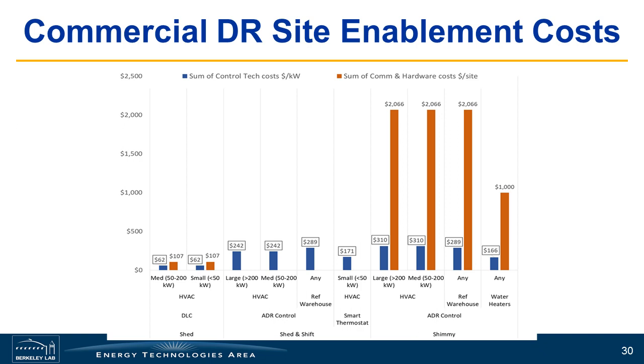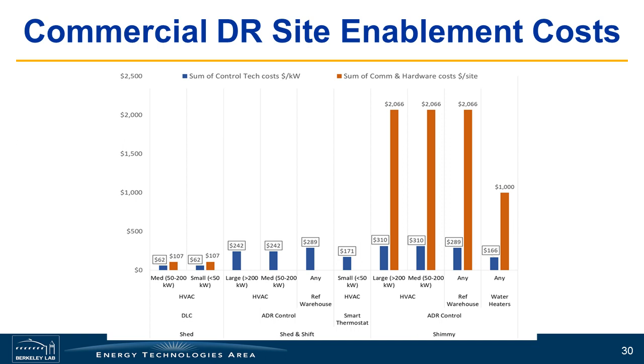So, the commercial DR site enablement. Once again, going to call out the obvious. We have this orange bar here that is pretty consistent at $2,066. This is to provide Shimmy type services, and it is the additional incremental cost for providing those services. So you have telemetry, network interface cards.